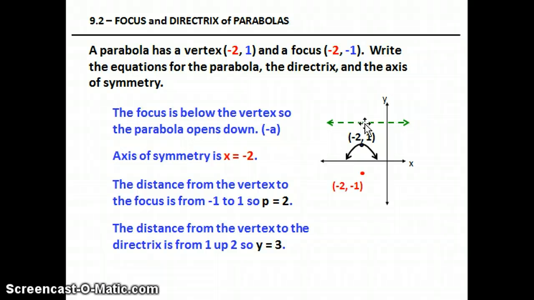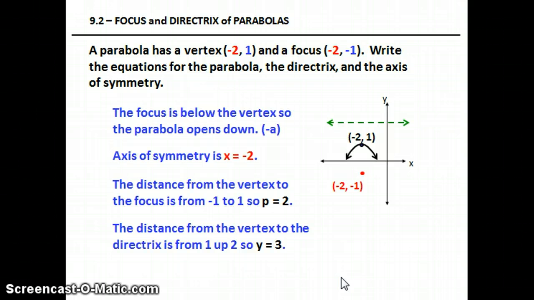My directrix is going to be here, and it's going to be a positive number because it opens down. I can also just look at this picture and say, my axis of symmetry is x equals -2. Look at these two points right here: my x values don't change. That means it's going to be x equals -2.